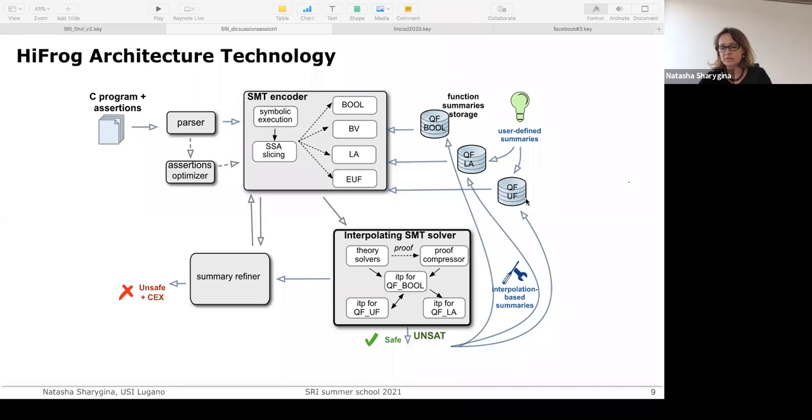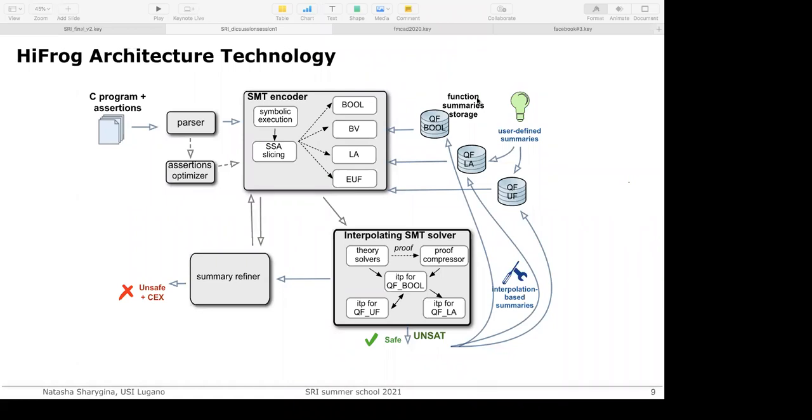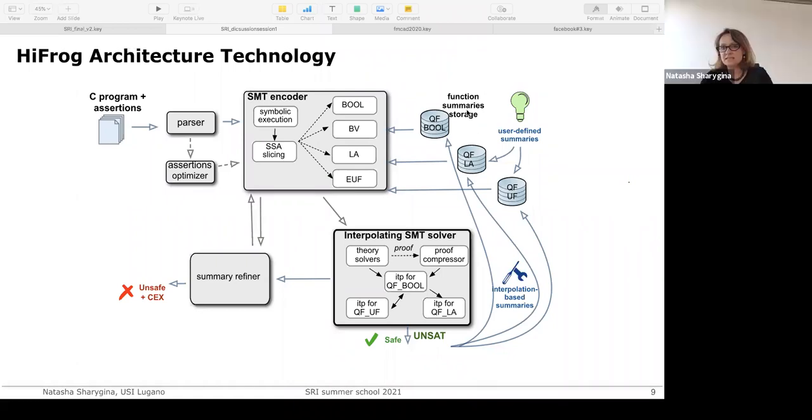If you see my mouse, there is a database of summaries which we are computing for a particular theoretical encoding. Depending on the level of encoding, these summaries could be accurate or way too approximative. If we realize during the verification that there was spurious behavior due to the approximations we made, we can start refining them.